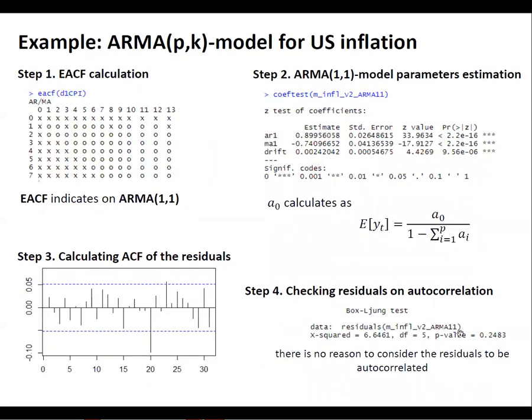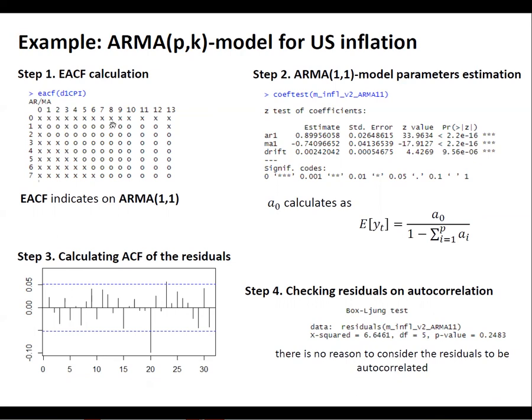Now consider an example of constructing an ARMA model for the same US inflation series. First, we calculate the EACF. We have a command in R, eacf. There you need to connect the TSA package. You will see it in the applicable file, the inflation example model file.